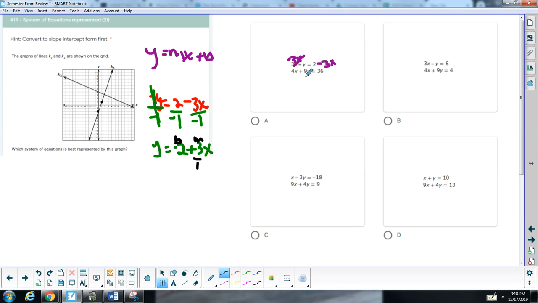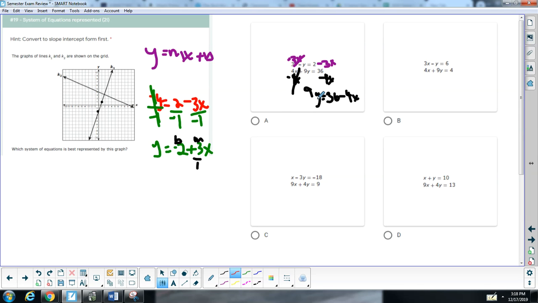So now I need to get this y by itself to see if it is this other line. So again, I'm going to move my x first. So minus 4x on both sides. So I have 9y equals, I can't subtract a 4x from a 36, so I leave that 36 minus 4x.